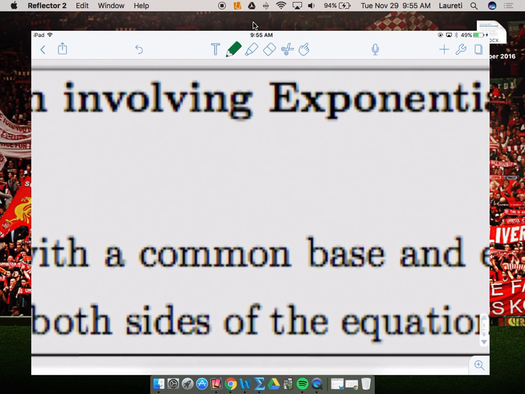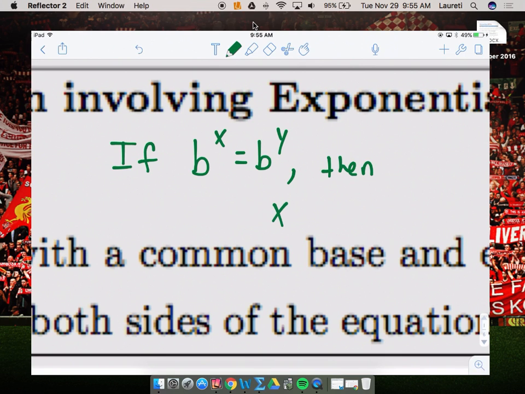So that should always be your first line of attack. That should always be your go-to rule when you're doing these. Now it's not always going to work. So if it doesn't work, then you're going to have to use some properties of logs to help you get the variable to come down.